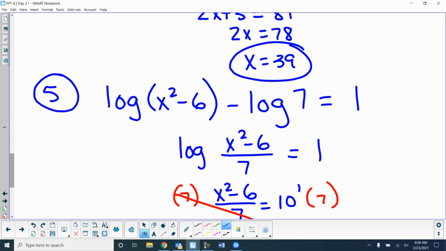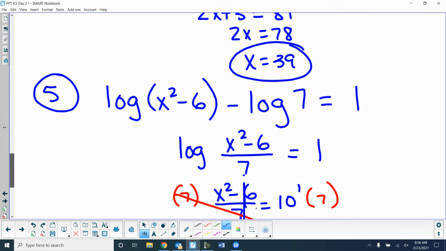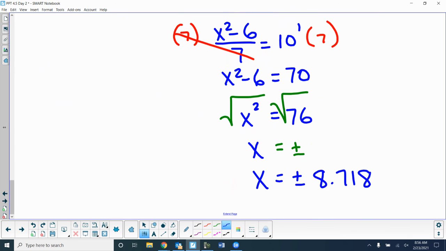Because I'm still taking the log of a positive number up here. It's just you can't take the log of a negative. So that's why we check those to make sure. Both of those answers are acceptable, positive and negative.